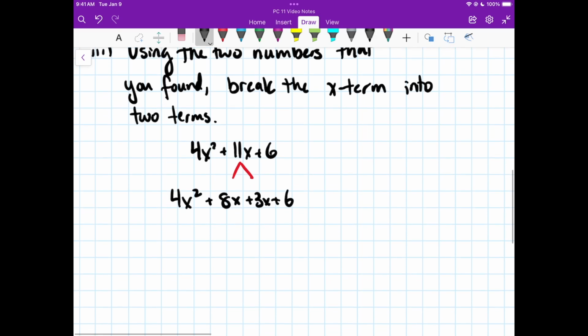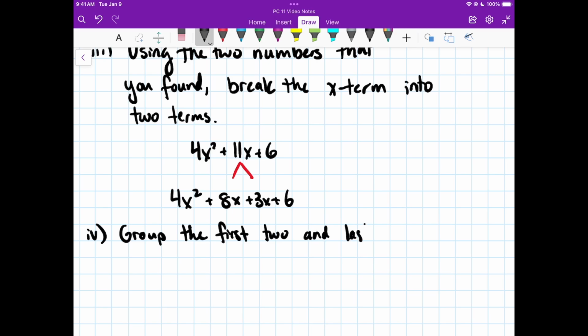Next step is pretty easy. You're going to take those 4 terms now and you're going to make them into 2 groups. So you're going to group the first 2 terms and the last 2 terms into just some pairs. Don't do this with brackets because it does tend to cause some mistakes.